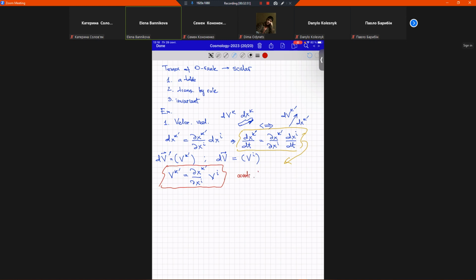Contravariant tensor of the first rank, which, as we know, is a vector. Sometimes this notation is much more convenient for us, especially when we have long expressions in tensor analysis.